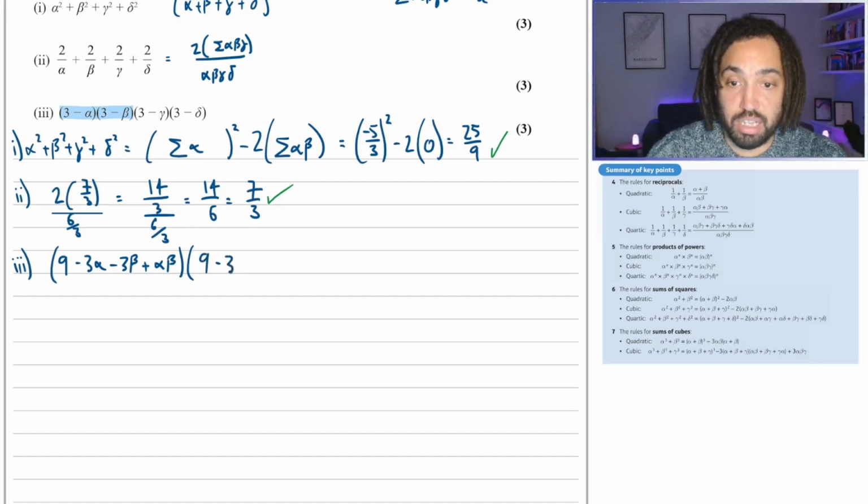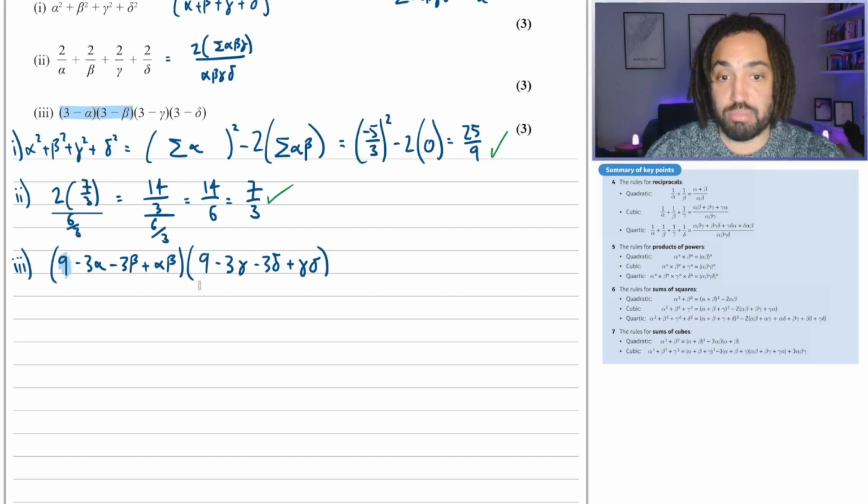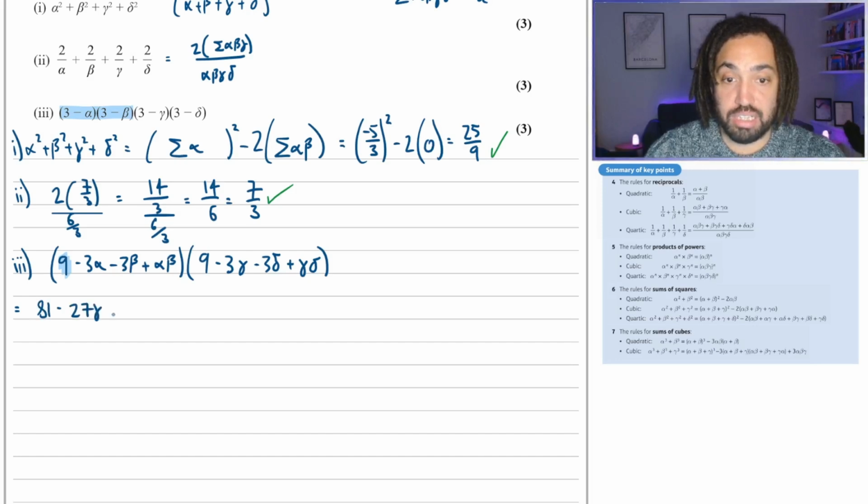I'm going to get 9 minus 3 gamma minus 3 delta plus gamma delta. Okay, and now we're going to need to multiply all of this out. So I'm going to start by multiplying the right bracket by 9. And this is going to give me 81 minus 27 gamma minus 27 delta, and then plus 9 gamma delta.